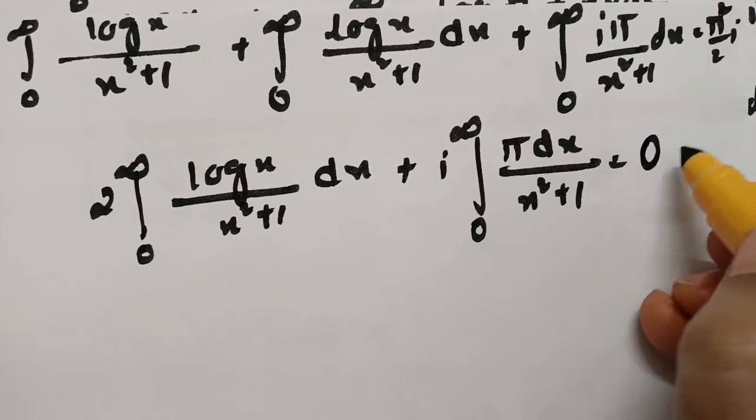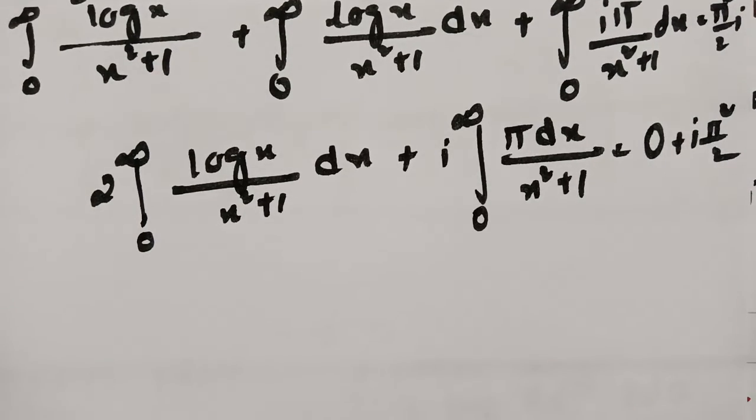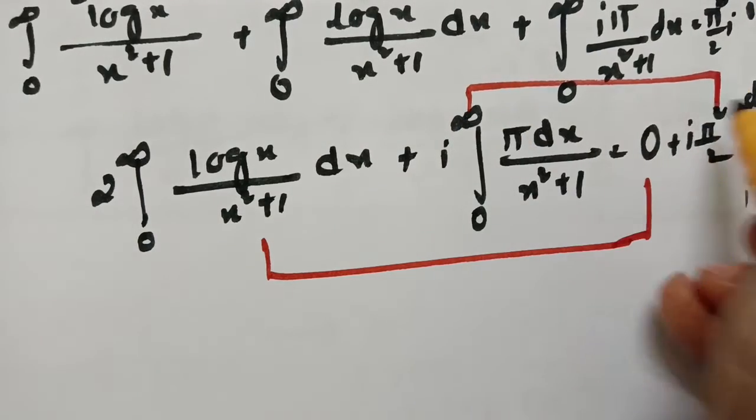As there is no real part, it is 0, and i times this value is pi square by 2. Here if I compare, the real part is this one, and this one is the imaginary part.